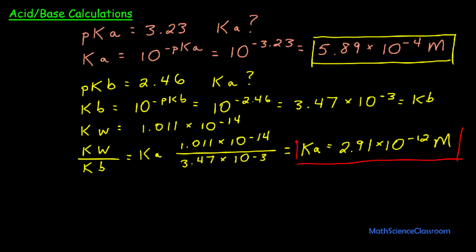Okay, good. Now we want to review some formulas that are going to be necessary to do these calculations. So let's list off important formulas for doing acid-base calculations. We'll start off with the Kw formula.